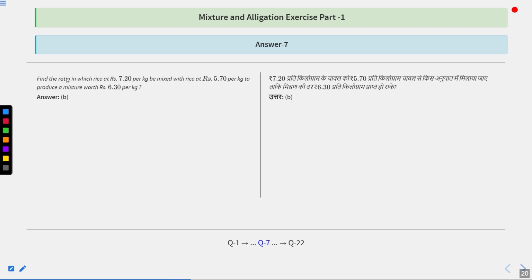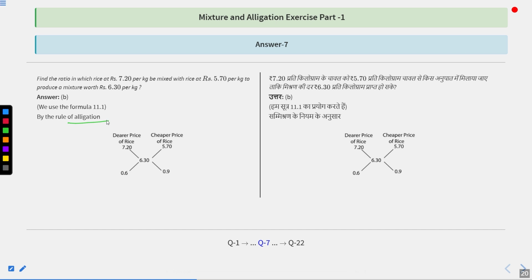Now the question says that rice at 7.20 rupees per kg is mixed with rice at 5.70 rupees per kg, and the price of the mixture will be 6.30 rupees per kg. So now we are going to use formula 11.1, the allegation method, with dearer price and cheaper price.